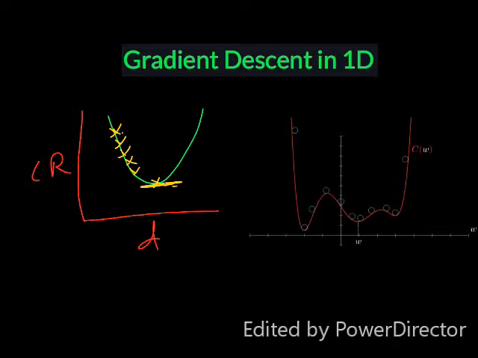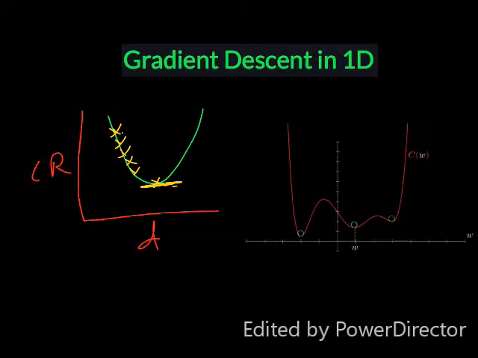So on the right hand side you can see that the curve has multiple minimum points. So the point of convergence depends upon where you initialize. As you can see here, there are many points of convergence here, here, here.